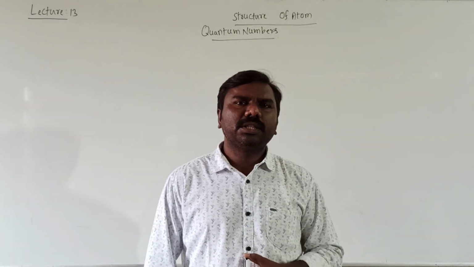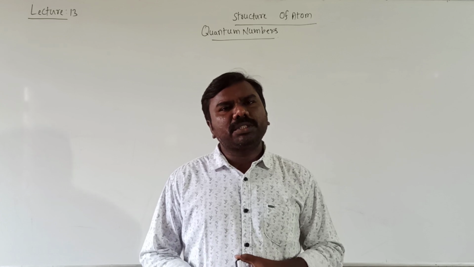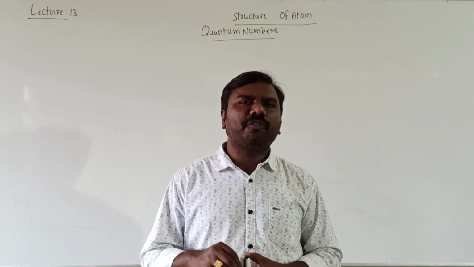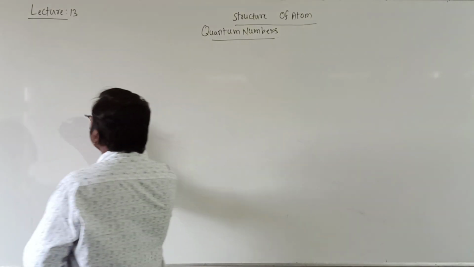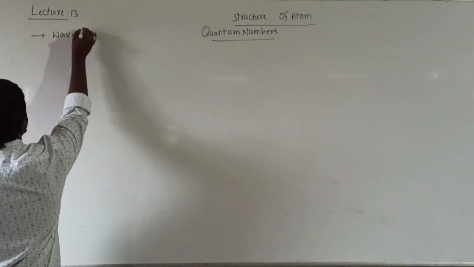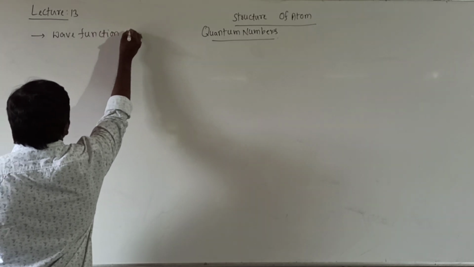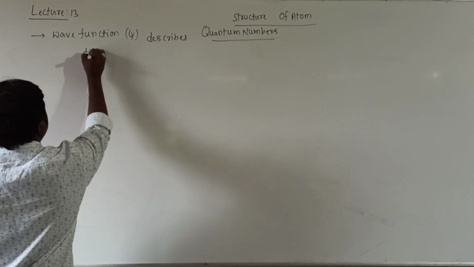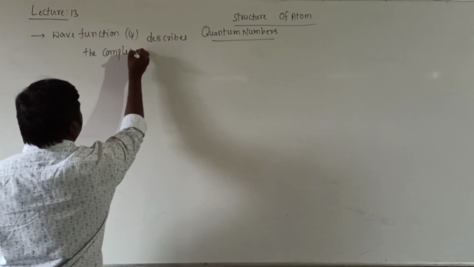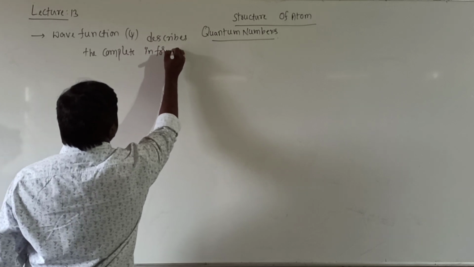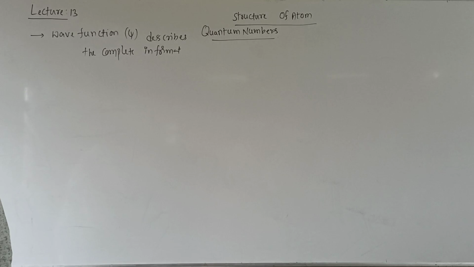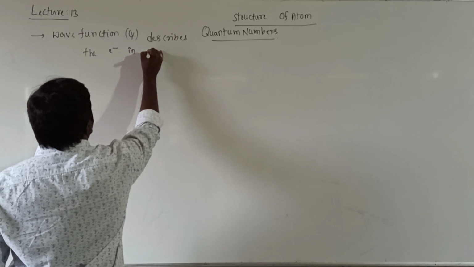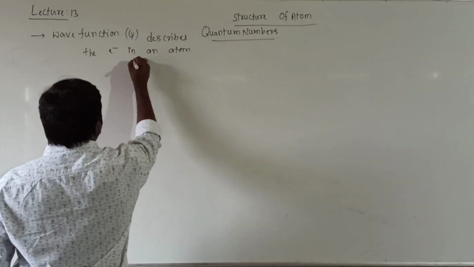First we'll write a few points. The complete information about an electron in an atom is described by which one? Wave function, mathematically. The wave function, psi, describes the electron in an atom mathematically.